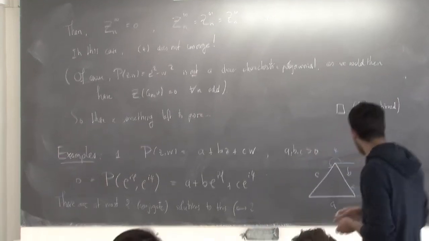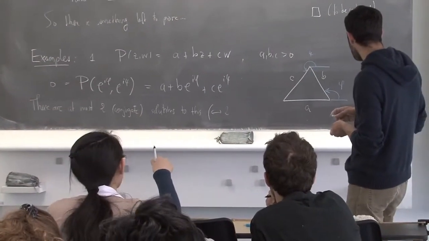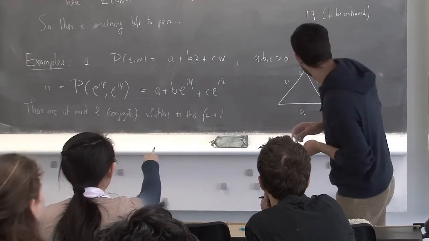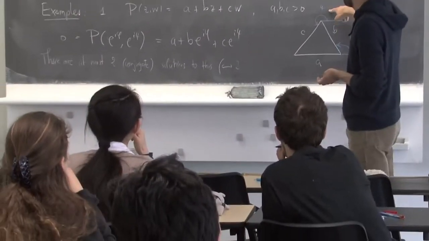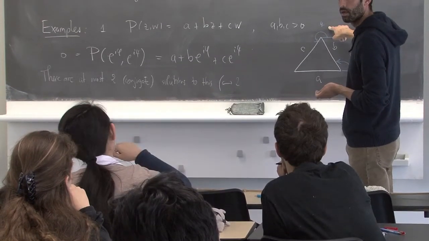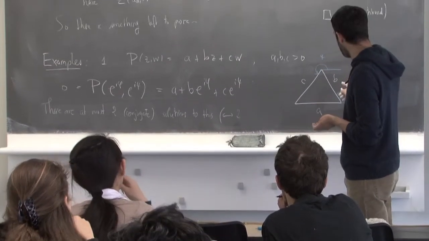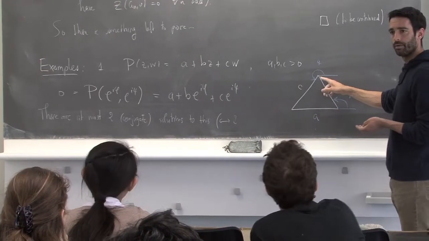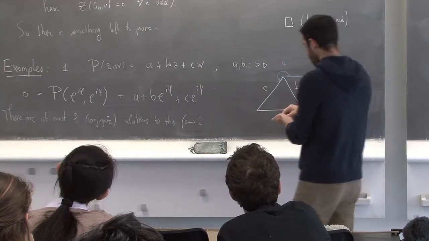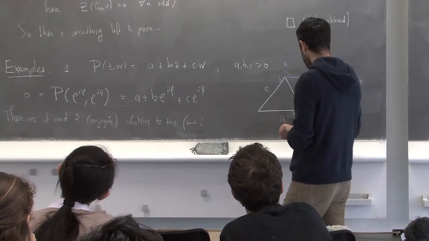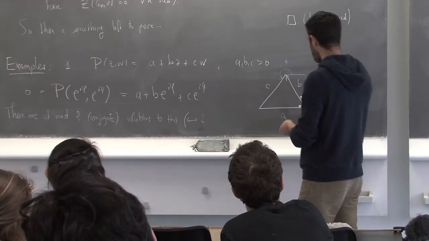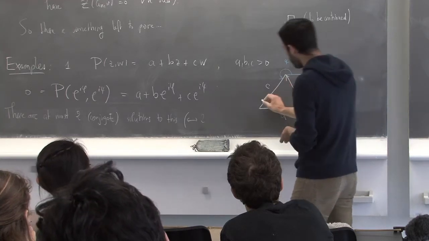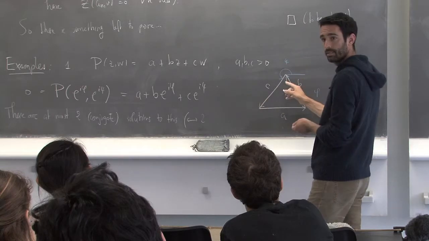I'm sorry? Here? No, I think it's really this angle here, right? I think it's correct. If I write this as a vector, this is A, and then I have to have B times e^{iφ}, so I'm here, and then I need to have C going like this.